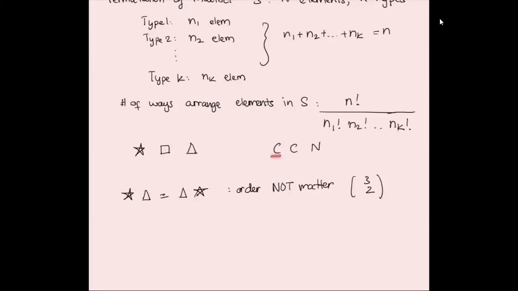C stands for chosen, N stands for not chosen. So what does it mean if I have the combination of the star and the triangle? It means that I assign chosen to the star and the triangle, but I did not choose the square.